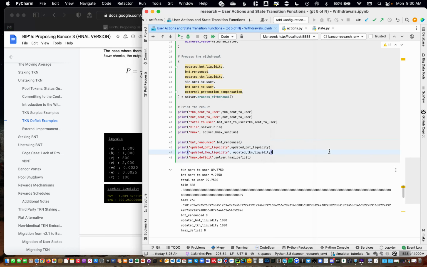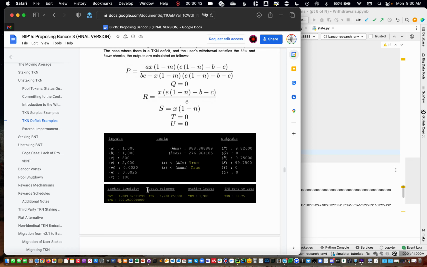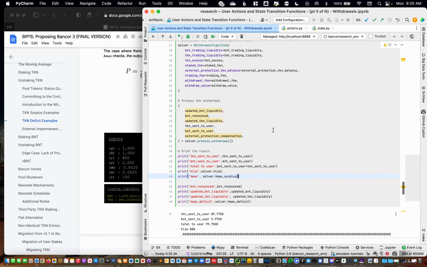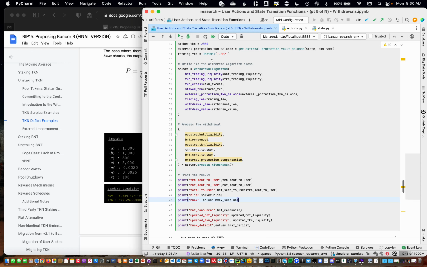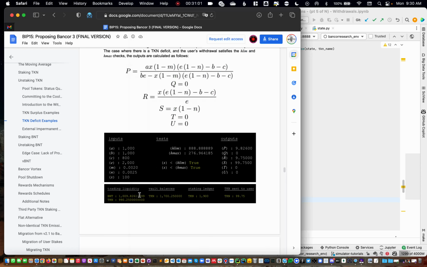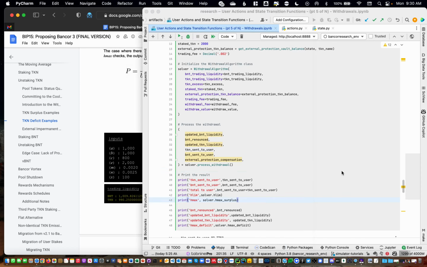Now, one thing that's a little bit different here when you're going back and forth is, these staking ledger balances and vault balances and so forth are updating, right? So if we were to process this withdrawal at like the Bancor DApp class level, within the simulator context, we would end up with these exact resulting balances.